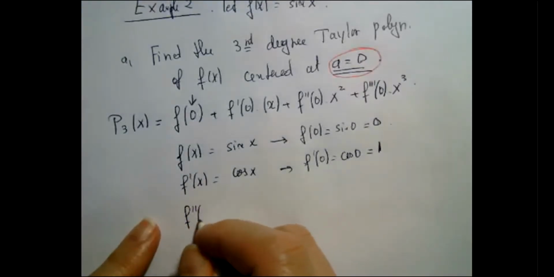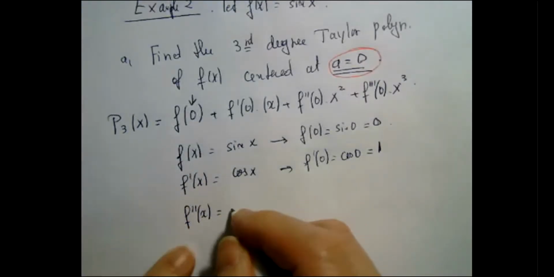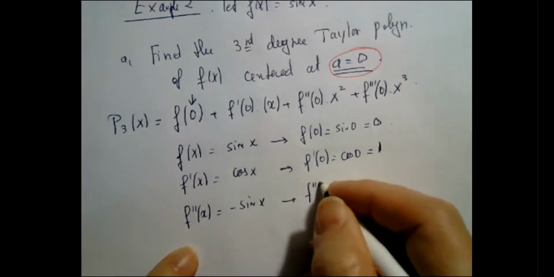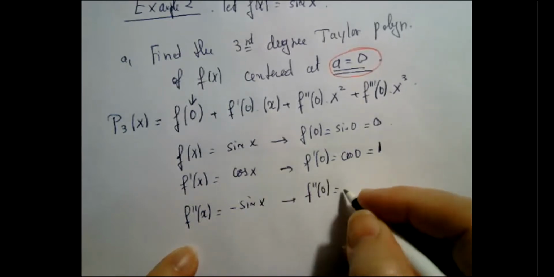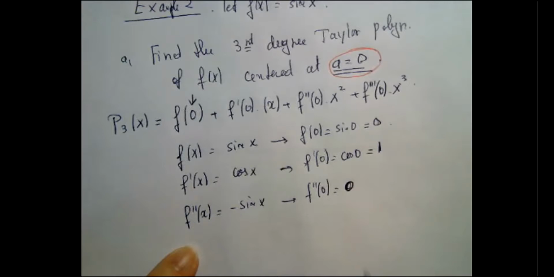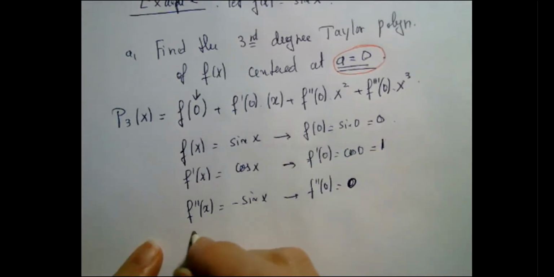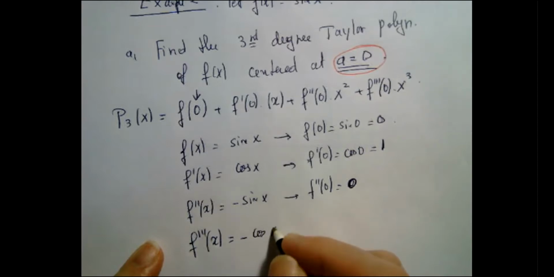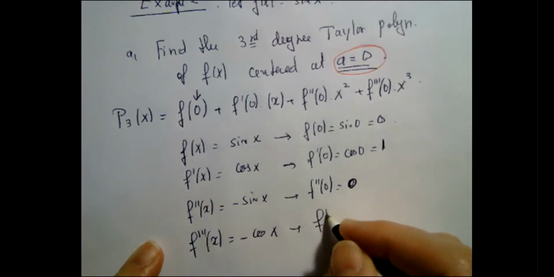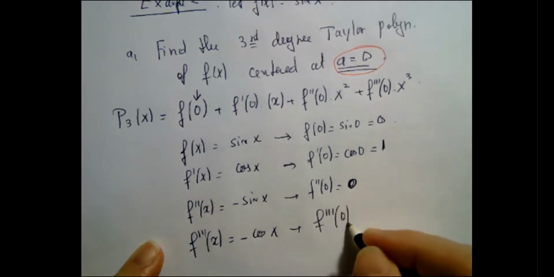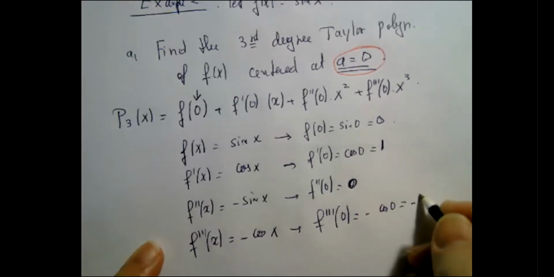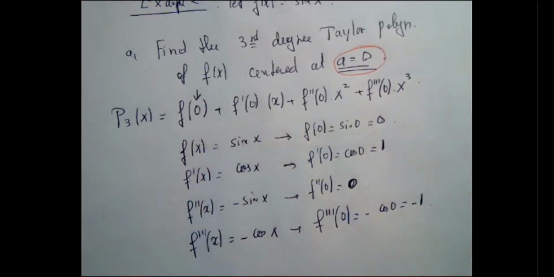The second derivative at x, the derivative of cosine is minus sine, which at 0 is again 0. And finally, the third derivative is minus cosine. It means the third derivative at 0 is minus the cosine of 0, which is minus 1.